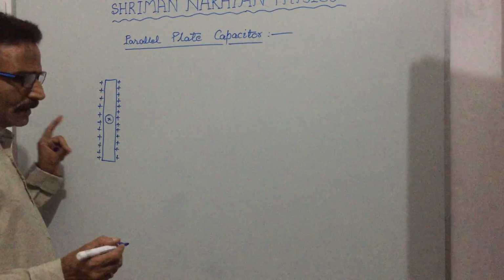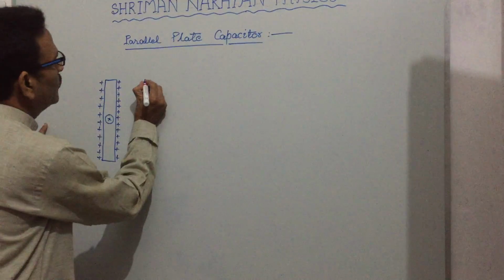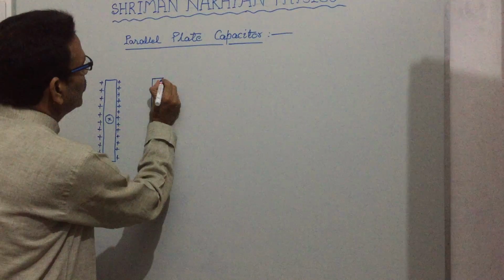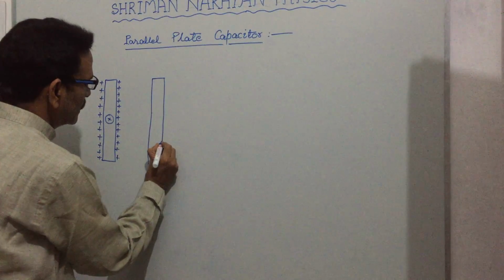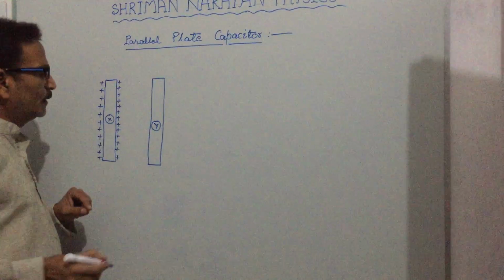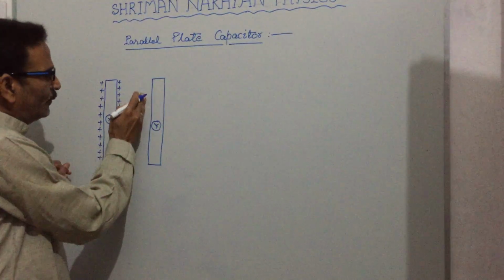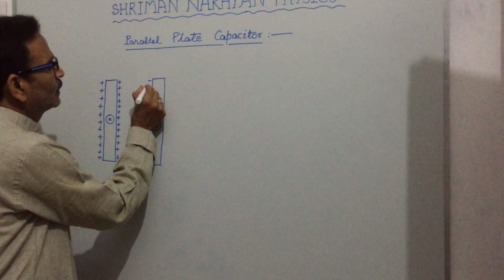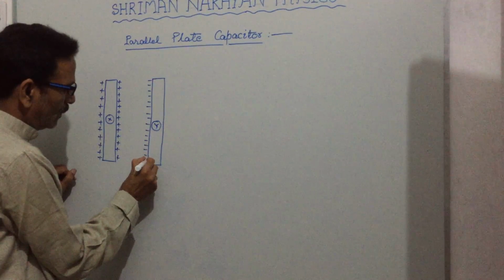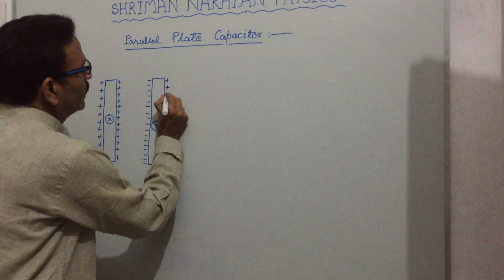Now we take another similar identical plate, and suppose this plate is marked by Y. You can see it is identical, similar to the plate X. Now it is clear that on the inner face of this plate Y, negative charges will be induced, as is clear from the figure, while on the other face of this plate Y, positive charge will be induced.